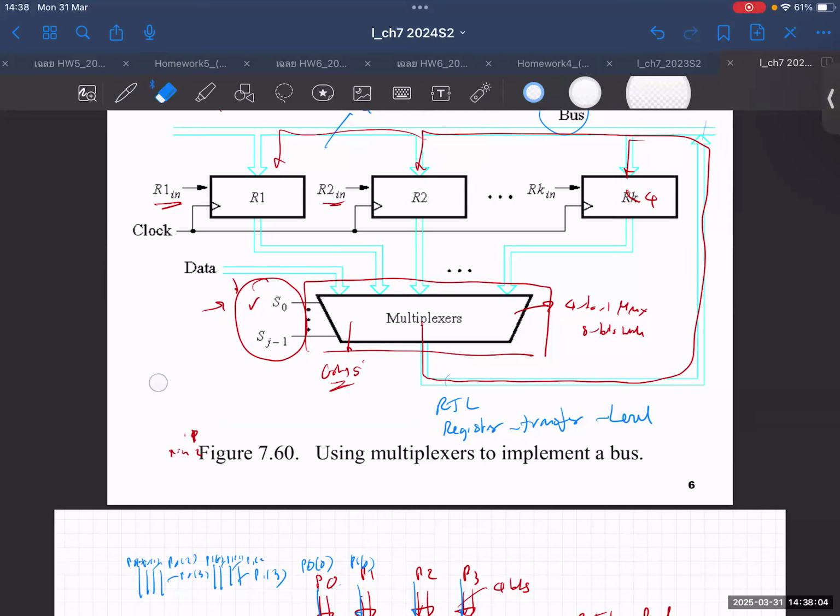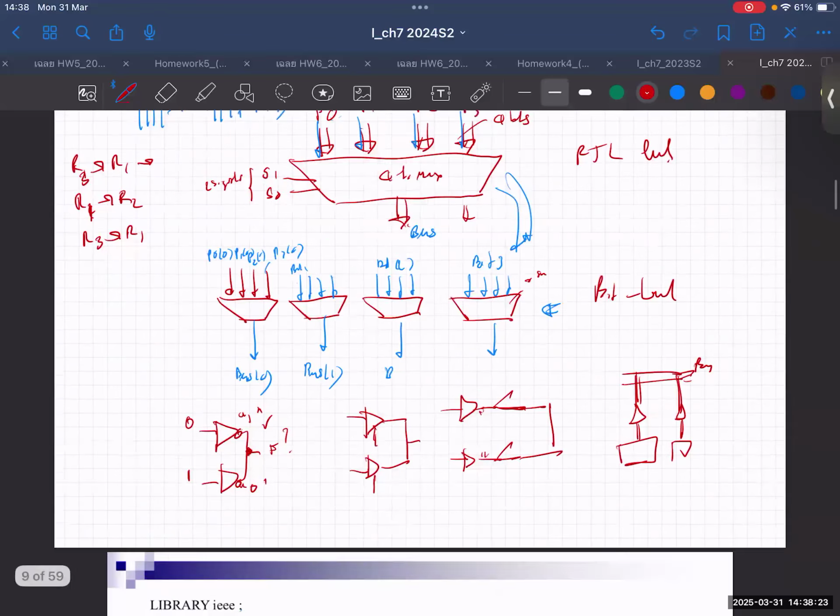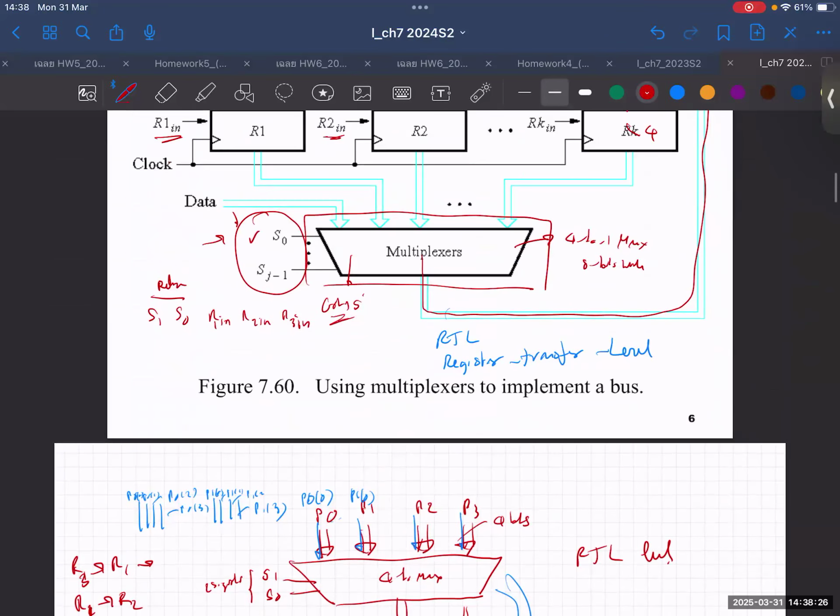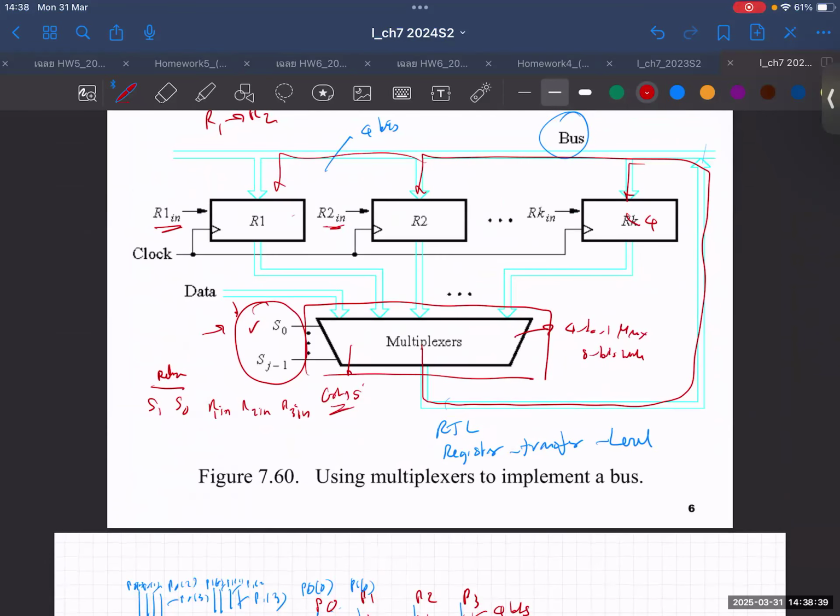Let me draw this way so you're not confused. So now you have S1, S0 to control the release, right? And then you have R in, R1 in, R2 in, R3 in. So the first step, you need to release R3 to R1. How do you release R3? R3 is here, right? R1, R2, R3. Unfortunately, R3 is port 2.